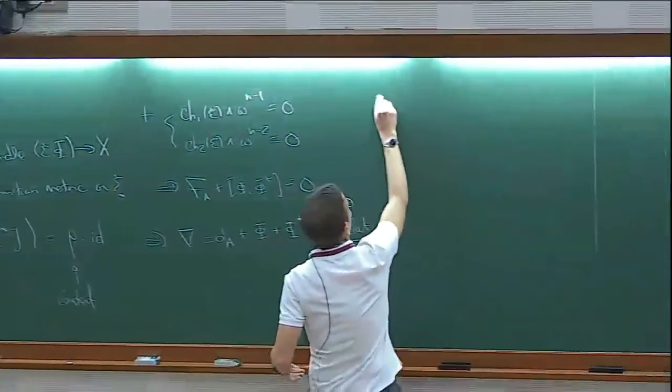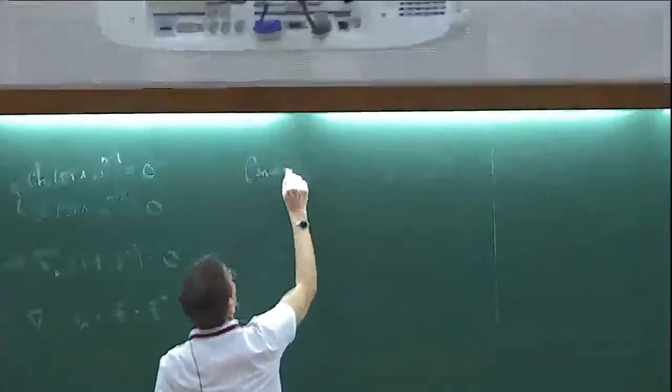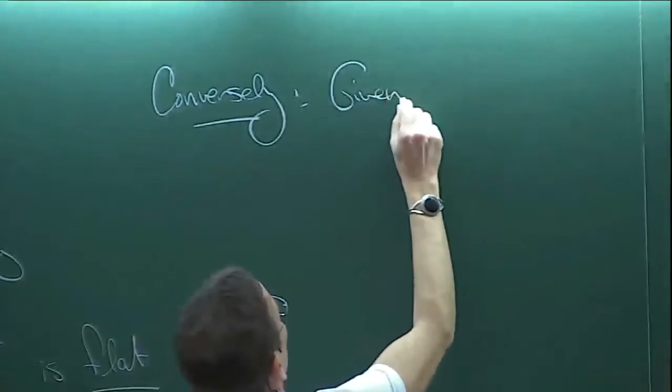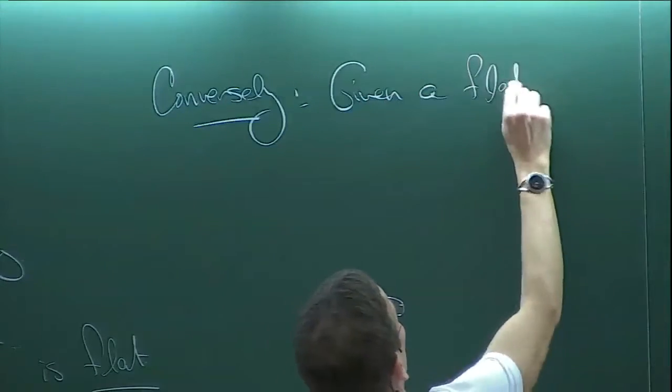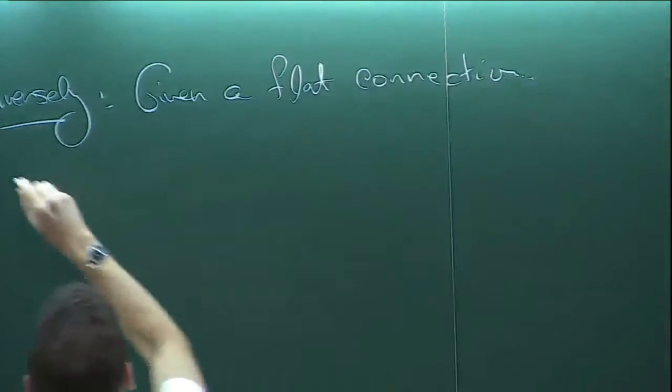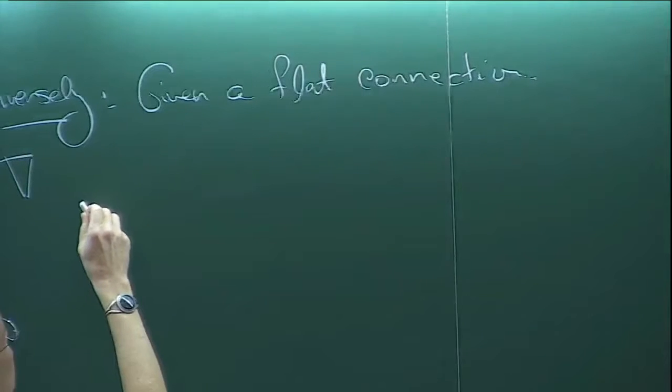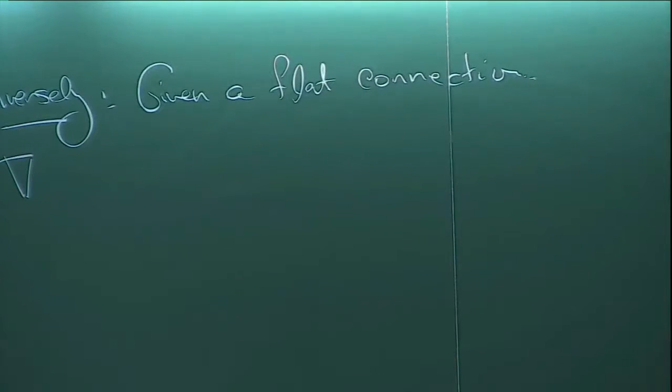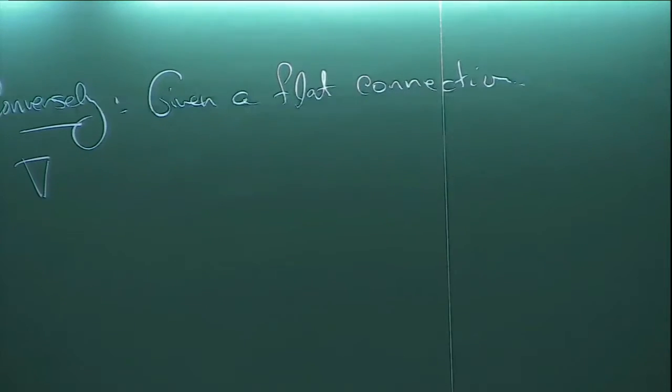So conversely, given a flat connection, and so here, this guy is polystable, and so this connection here is semi-simple.